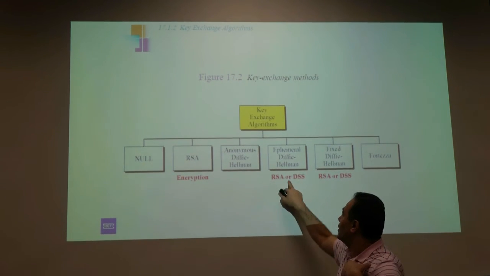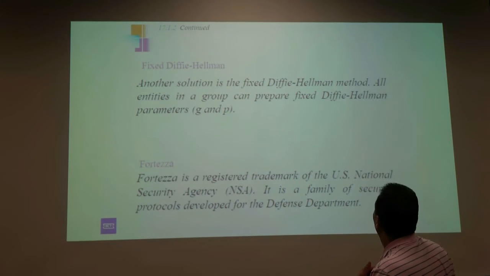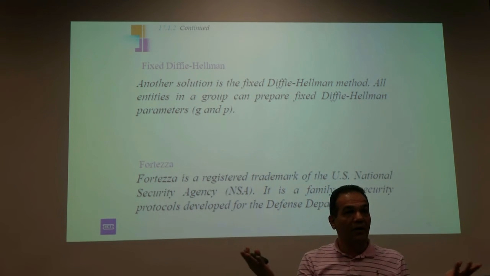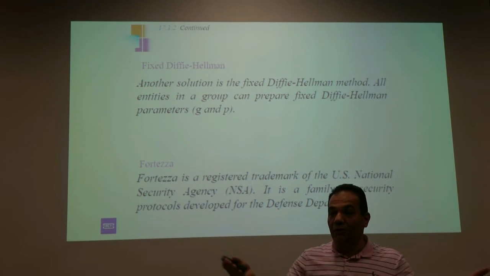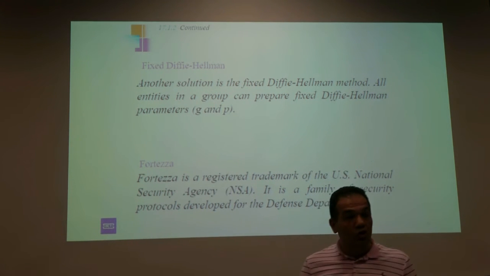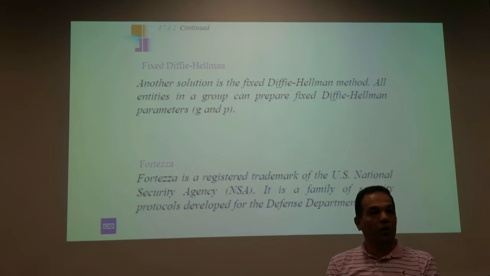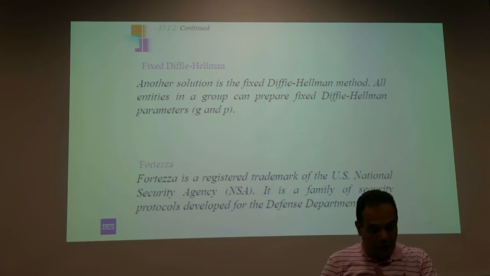So that's what we use RSA or DSS for. I think you're getting everything I'm talking about, because you are apprised of the whole concept from before. We are just putting everything together to build a new system called SSL.